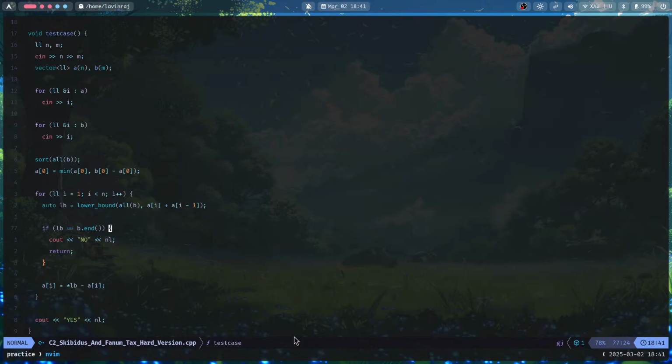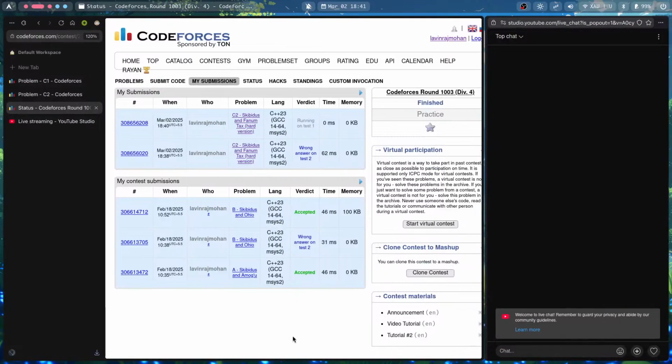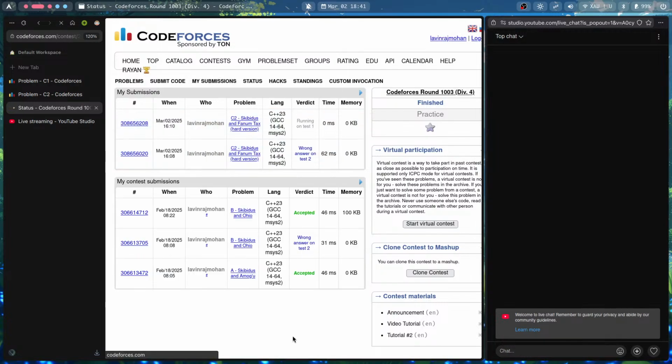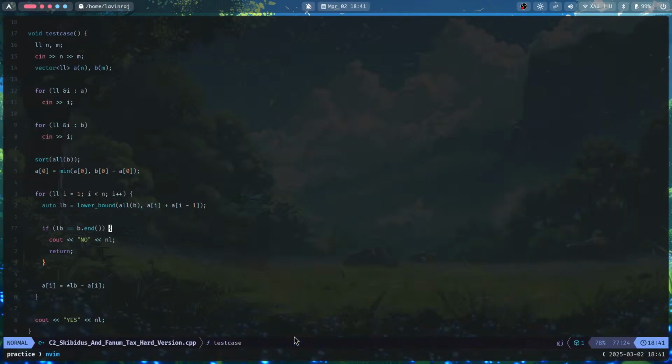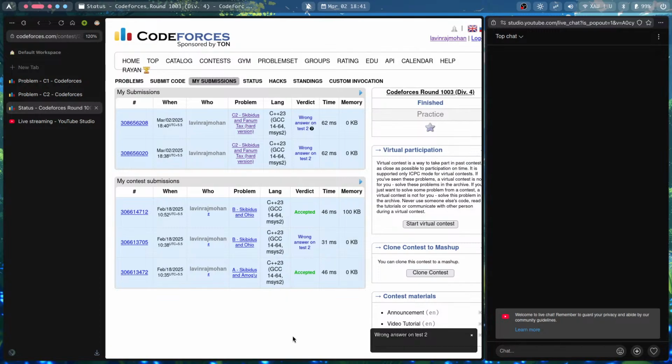Okay, shouldn't be any problem with that. Running on test 1. Why is it taking so long? Running the process shouldn't take so long because it's just n log n order of complexity, I think. Okay, we got some wrong answer again.